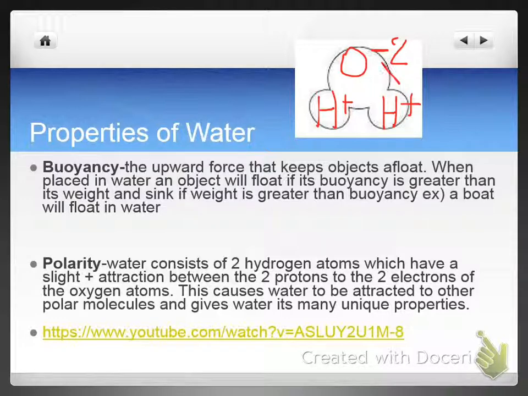So there's attraction here, there's attraction here, and the oxygen molecule being larger, there's still some attraction left over to attract other molecules. So draw your Mickey Mouse ears to represent your polarity. And I would just say my example is all of water's unique properties.